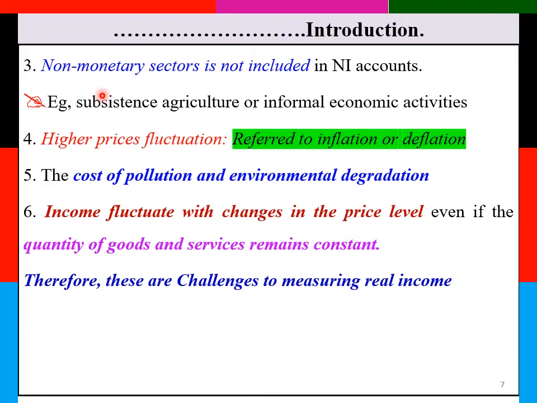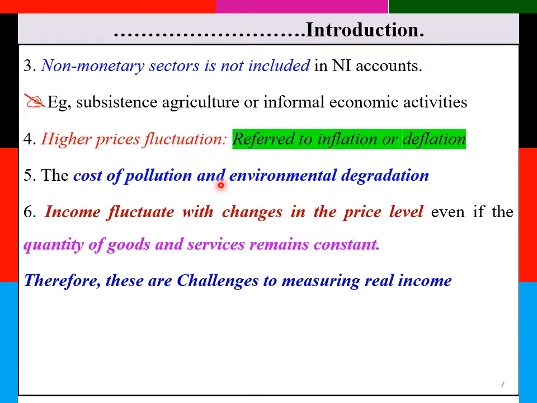Another factor that affects the measurement of real income is that the non-monetary sector is not included in the national income account. Example: subsistence agriculture or informal economic activities. The fourth one is higher price fluctuation, referring to inflation or deflation.